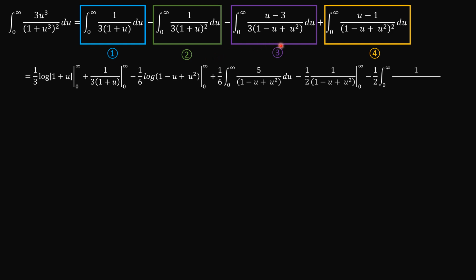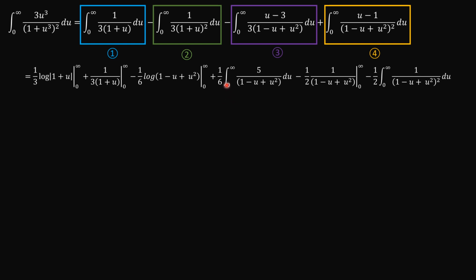The third term was the same as a sixth natural logarithm of 1 minus u plus u squared from 0 to infinity. Notice I've not used absolute value here because this polynomial is always going to be greater than 0.